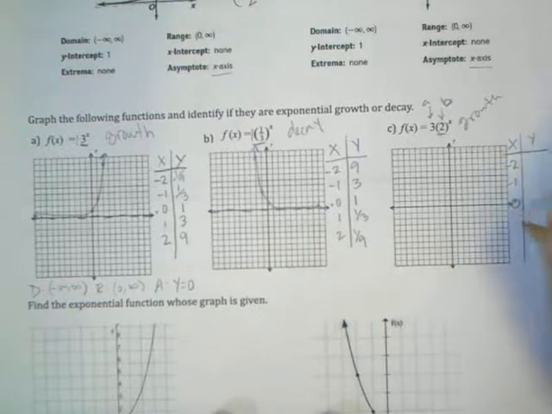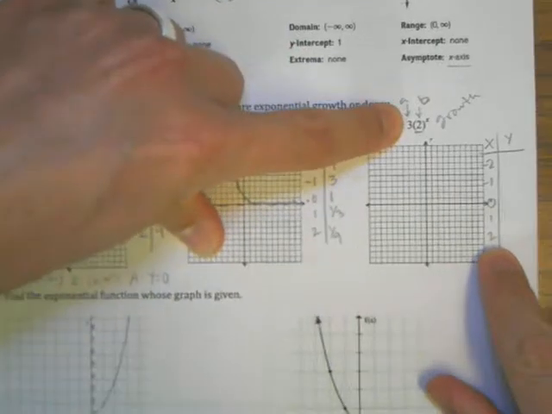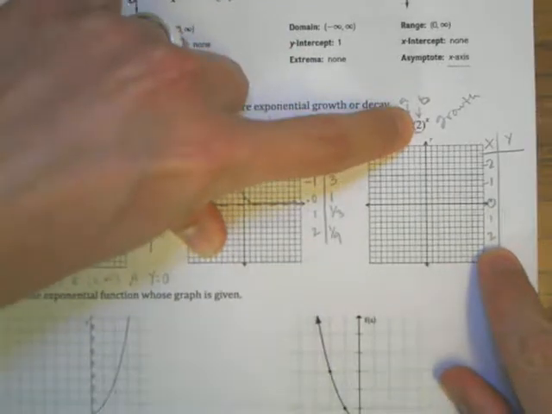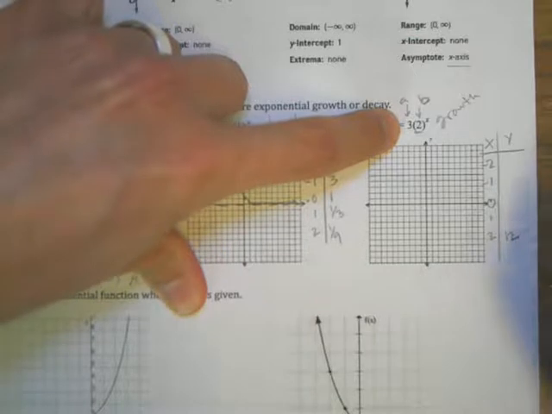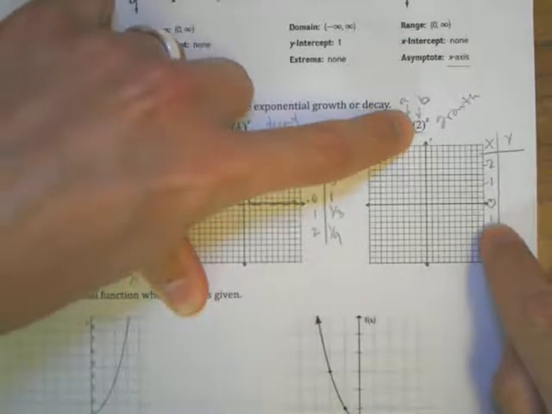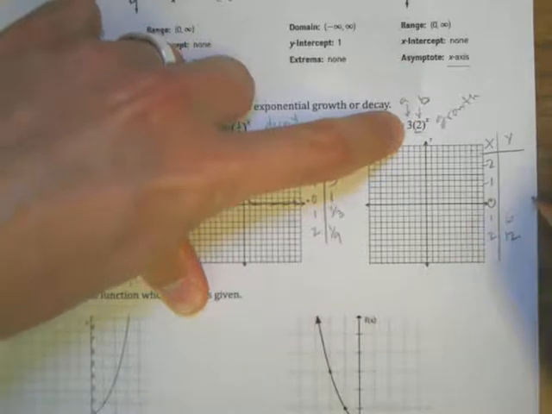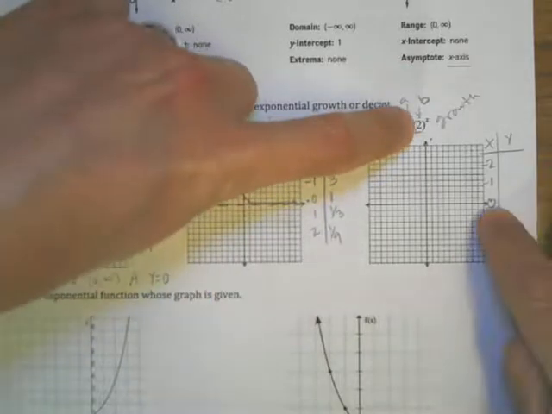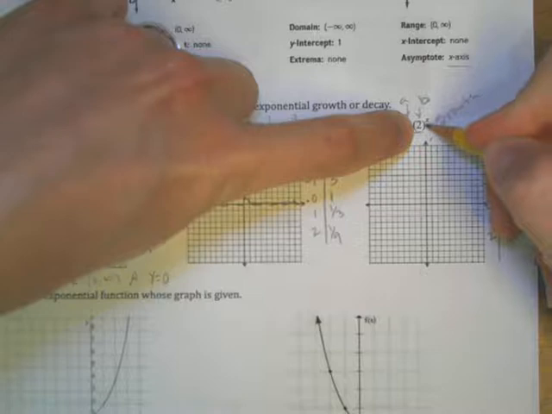When I plug in 2 here, 2 squared is 4, times 3 is 12. 2 to the 1 is 2, times 3 is 6. Okay? 2 to the 0 is 1, because anything to the 0 power is 1, but then times 3 is 3. So notice that relationship right there.